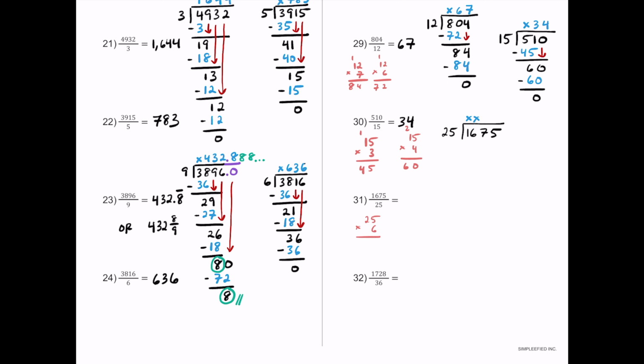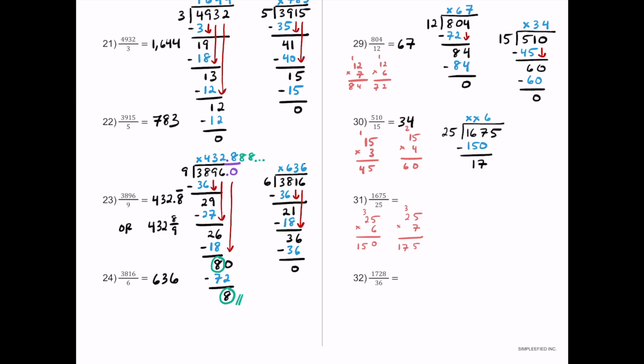That's 150, and I think that's as close as we can get. So let me show you 25 times 7. That's 35, carry the 3. 14 plus 3 is 17. That's 175, so it's too much. We'll go with 6. 6 times 25 is going to be 150. And if we subtract, we're going to be left with 17.